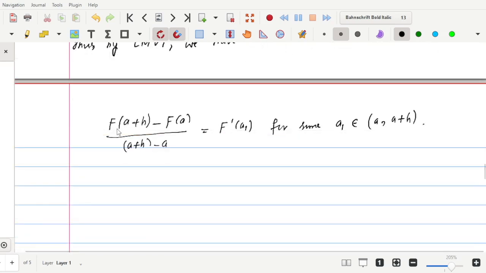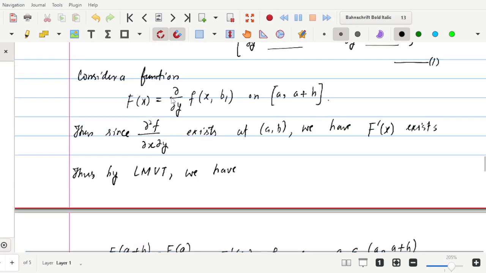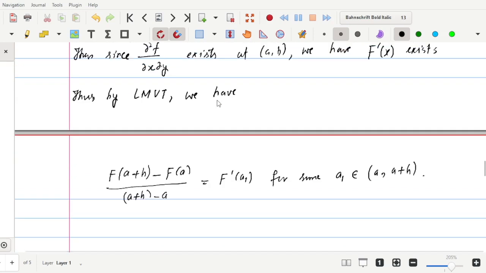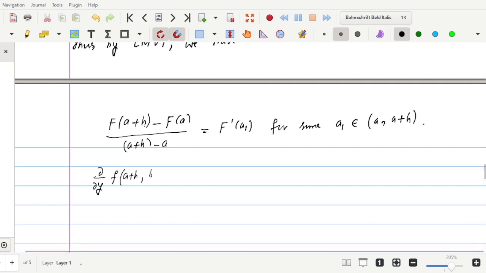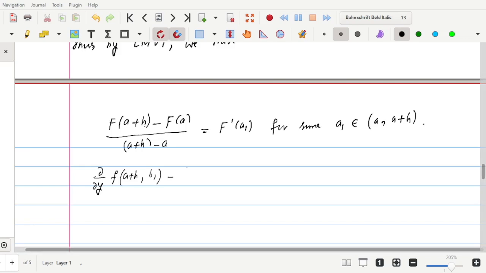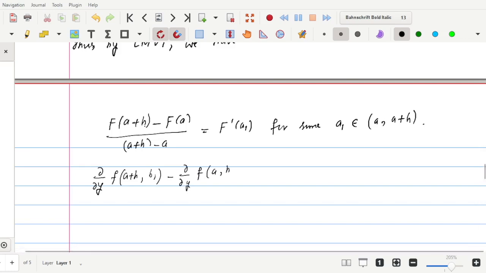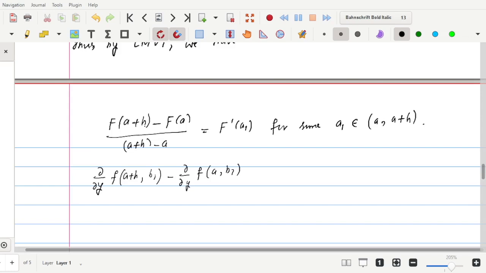Now let's substitute the values of this F of x, since it is defined as del f by del y of f of x comma b1. So this F of a plus h, we can write as del by del y of f at the point a plus h comma b1, minus F of a, which is del by del y of f at a comma b1, whole divided by h.